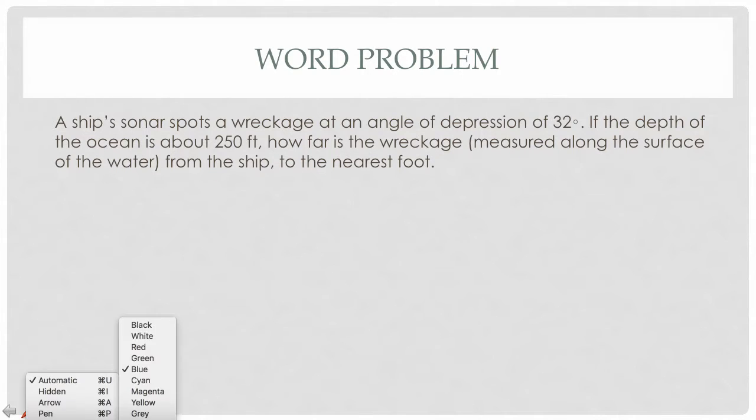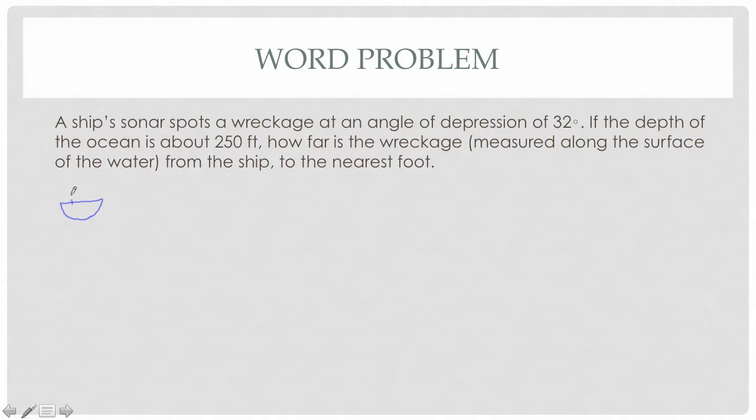All right, like any good word problem, we got to draw a picture. So here's my boat. It's on the water. Angle of depression means angle going down. So if the flat line is on the water, the angle of depression, 32 degrees, would be this angle right here. So that's 32 degrees, and there we see the angle.